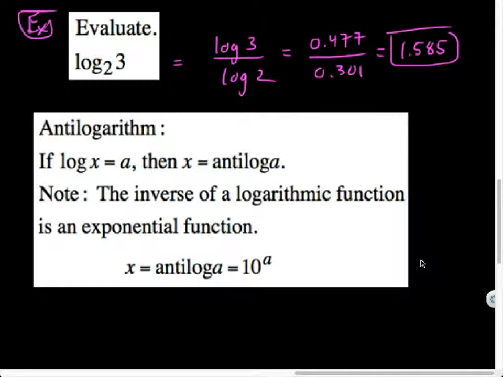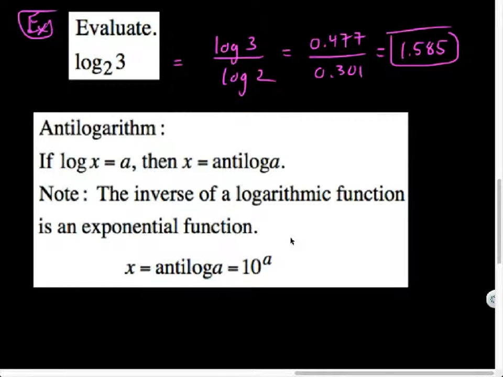Arc sine was also an inverse of the sine function. It turns out the anti-logarithm is just the inverse of a logarithm. But notice this little note here: the inverse of a logarithmic function is an exponential function. Because when we first learned about logarithms, I said that they were the inverse of exponential functions, so the inverse relationship is mutual. It goes both ways.